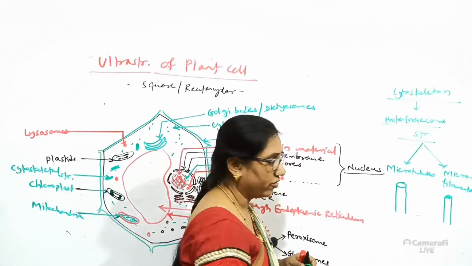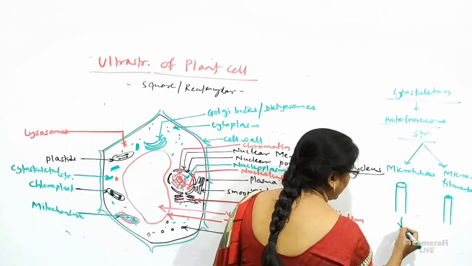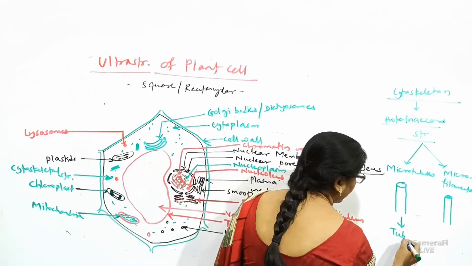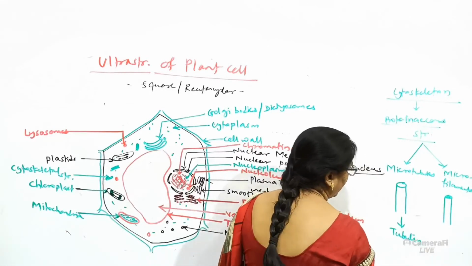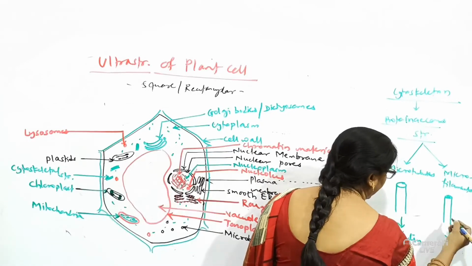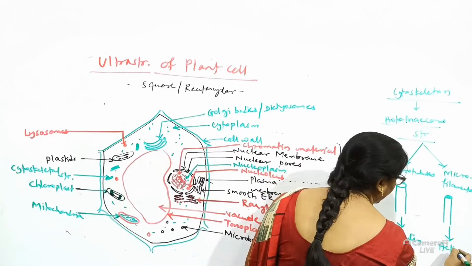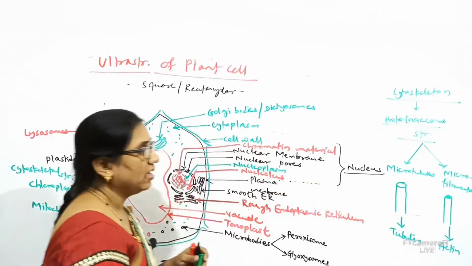The microtubules are made up of a special type of protein called tubulin, while the microfilaments are made up of another type of protein called actin.